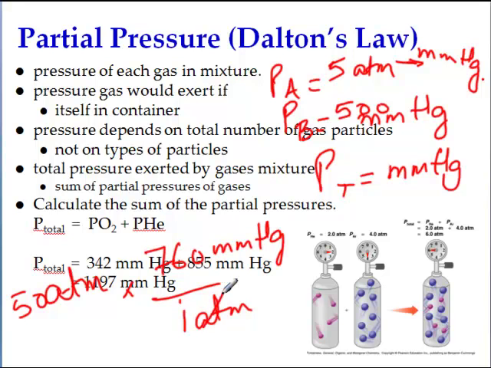So you would convert 50 times 760 millimeters and then add up the 500 millimeters to get your total pressure. So pay attention when you get to the partial pressure or Dalton's law, because you have to make sure that your units are the same before you do the addition.